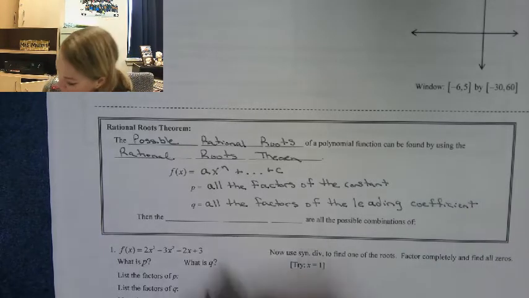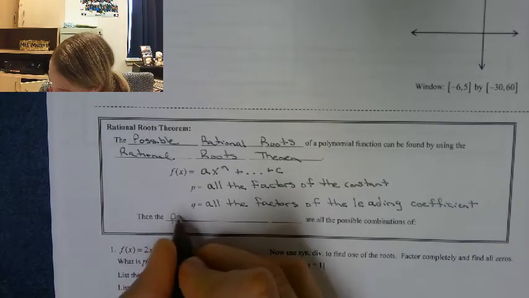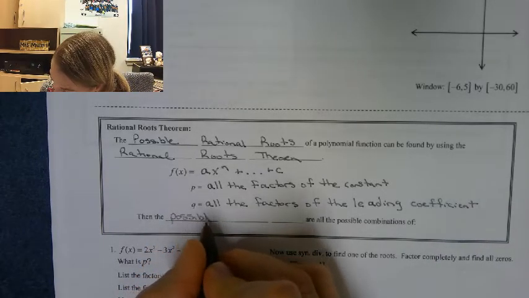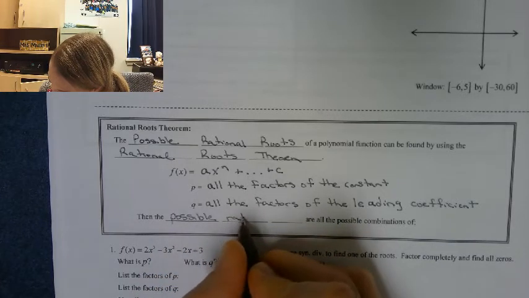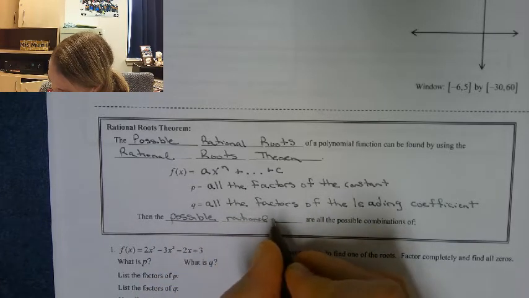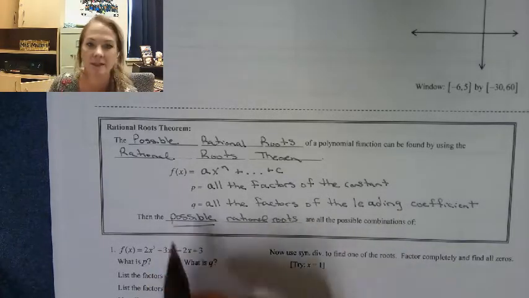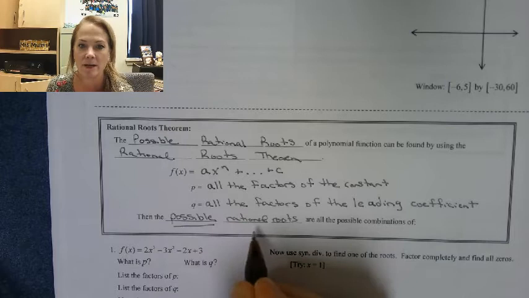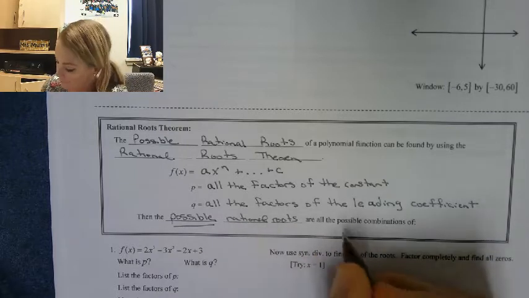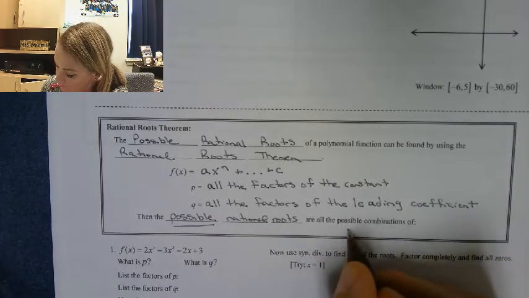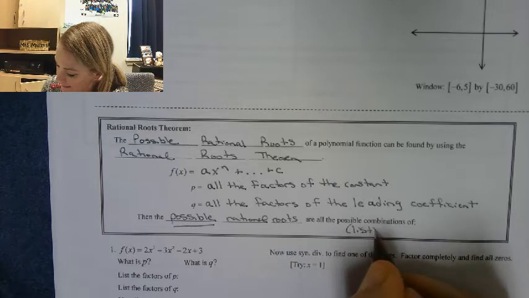Okay, then the possible rational roots are going to come from these possible combinations. They're just going to be a list of possible rational roots, and we're going to have to test them.